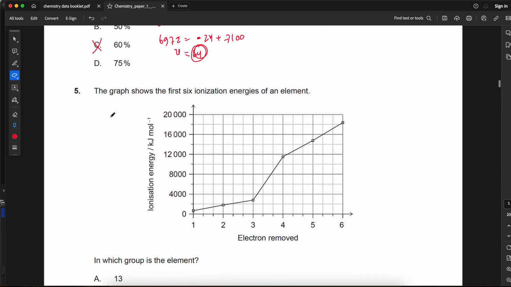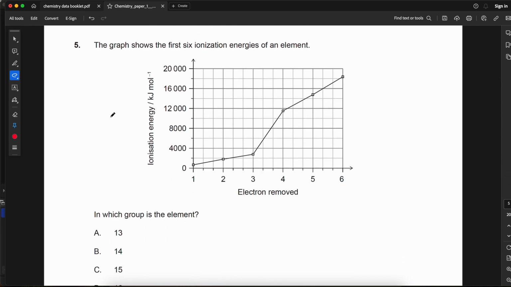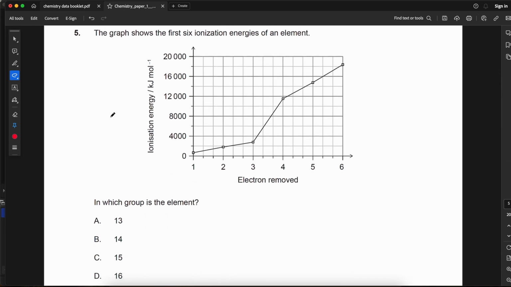Okay. So the graph showed the first 6 ionization energies of an element. So for 13, the electronic structure would be 2, 8, 3, and this one 2, 8, 4, 2, 8, 5, 2, 8, 6.